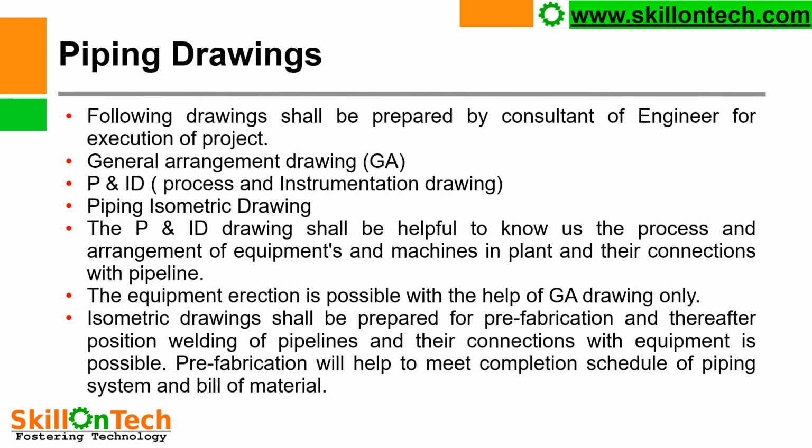The P&ID drawing shall help us know the process and arrangement of equipment and machines in the plant and their connections with pipelines. The equipment erection is possible with the help of the GA drawing only. So you can know where that particular equipment is to be installed. So we must have a GA drawing, general arrangement.